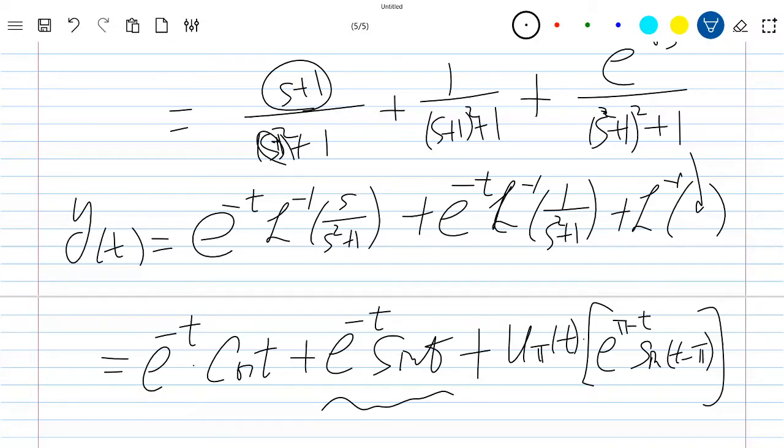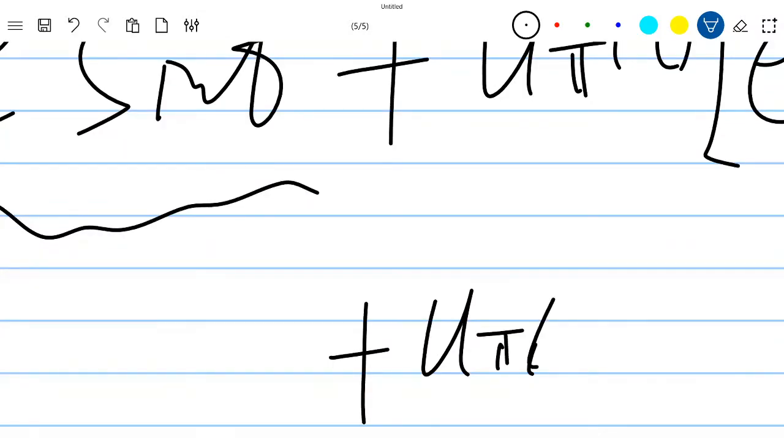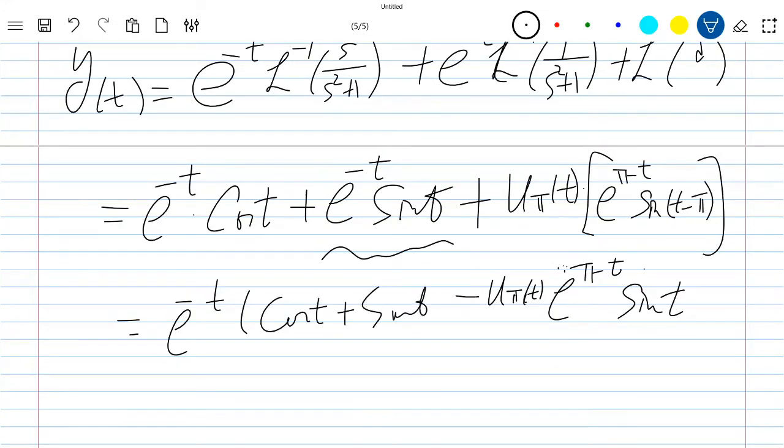That's what you have, and that's your result. And if you want, you can simplify a little bit. If pi minus t, then this is sine of t with a negative sign, because of sine minus pi. So this is same as before: cosine t plus sine t. Alright, so that's what you have.